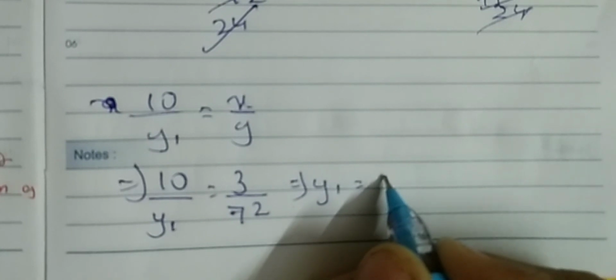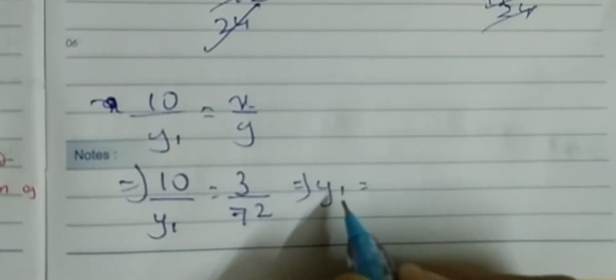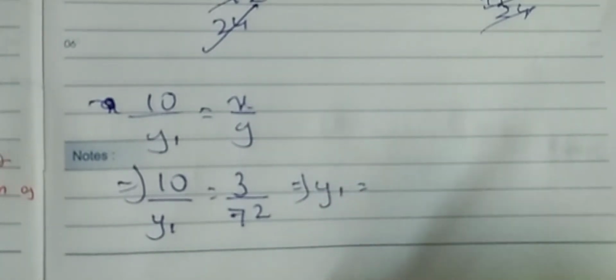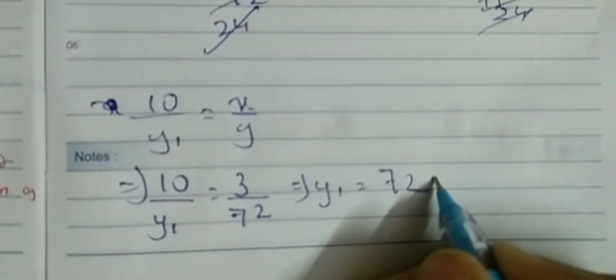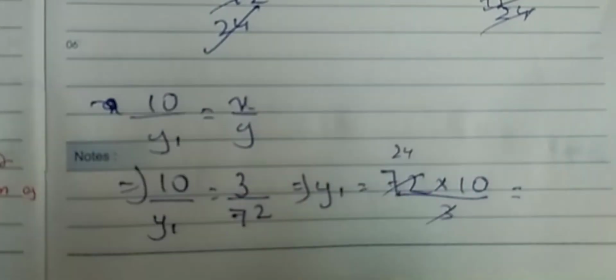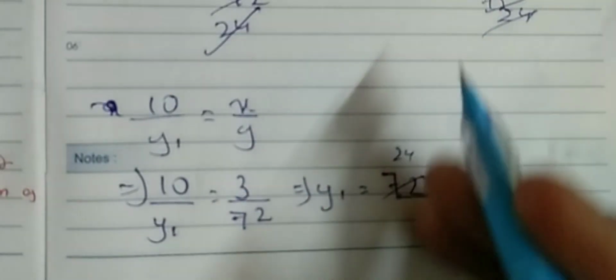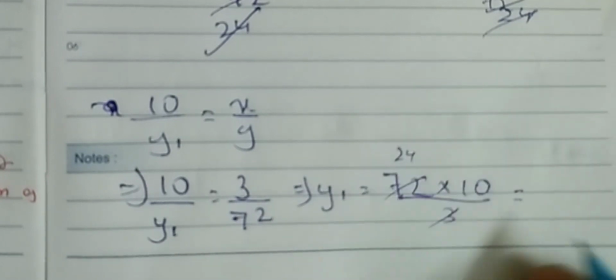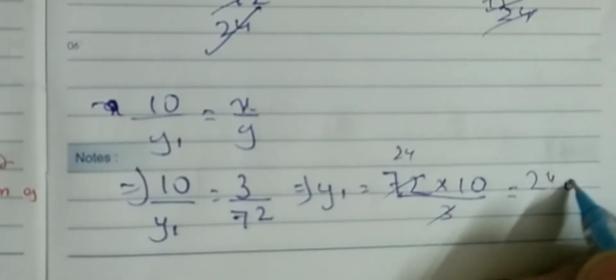You can use 1 by 24 also, because the simplest term will be 1 by 24. Okay. Now the value of y1 will be 72 into 10 by 3. Now 3 and 72 will get cancelled. Now here we will get 240.